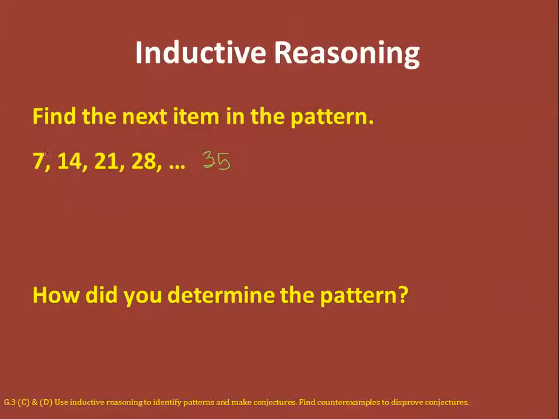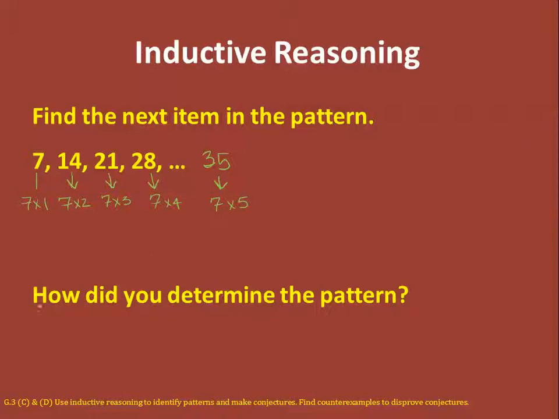So if I look, this is 7 times 1. This number is 7 times 2. This one is 7 times 3. This one is 7 times 4. So it would seem natural that the next number in the pattern would be 7 times 5.